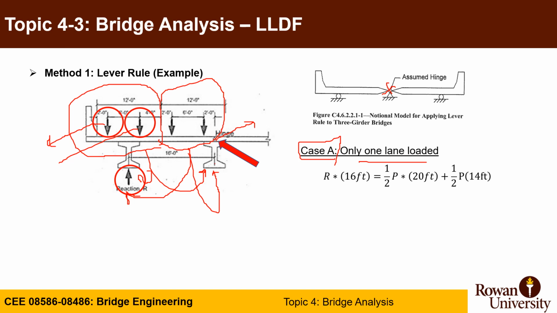The reaction at the exterior girder, R times 16, will be equal to the following. Remember, we're only dealing with the first lane loaded, so you should not consider this one in this case. So the first distance will be the distance between this load and the hinge.